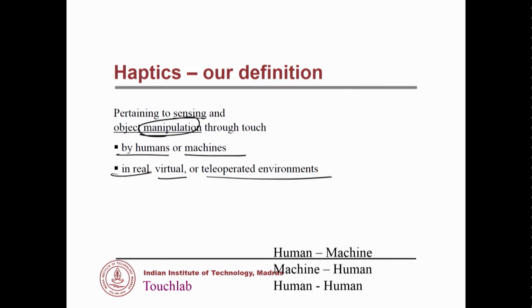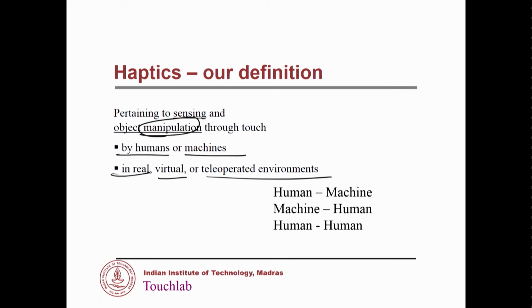You can see in each definition what is missing, whether it is focusing on the sensory aspect or manipulation or both, you can check it. In fact, it is our plan to write a full journal paper on the definition of haptics, because there is so much confusion among haptics researchers about what haptics is. It is not very clear. So, we are going to write a definition paper in the future.